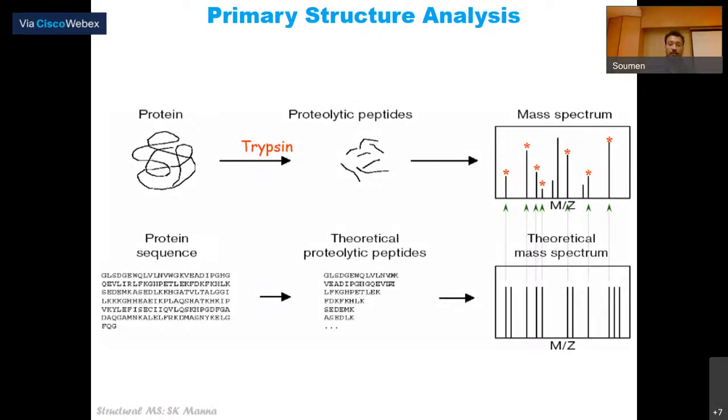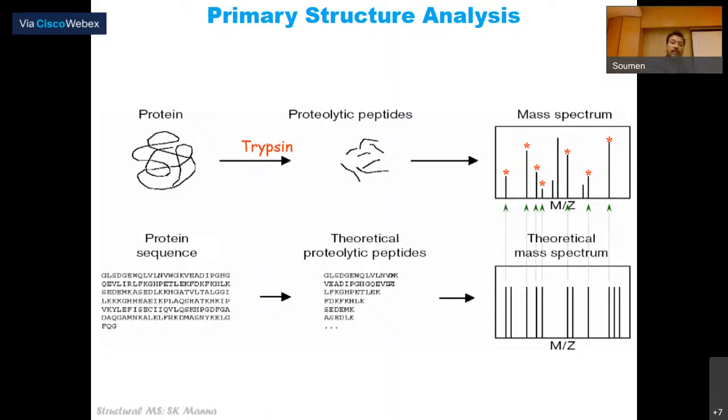You have a protein, you do trypsin digestion, you get proteolytic peptides, you run mass spec, and then, as we were saying, at almost the same time, we have a huge upsurge of information from genomics data. So we could get the information about all these different genes, and we could translate them to corresponding amino acid sequences.